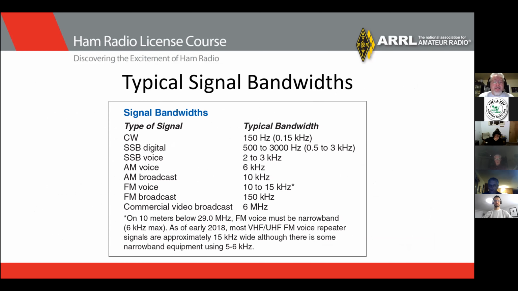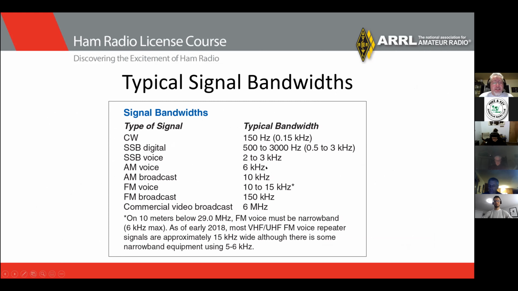Here's a chart, a table for the typical signal bandwidths. CW is around 150 hertz or 0.15 kilohertz. Single sideband digital ranges between 500 and 3000. SSB signals are 2 to 3000.